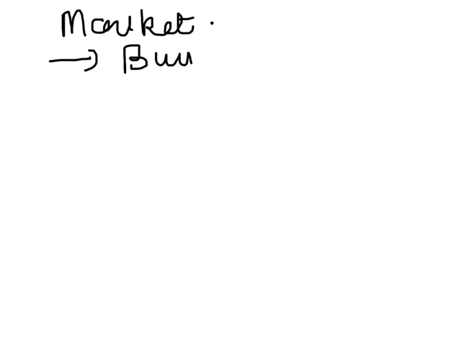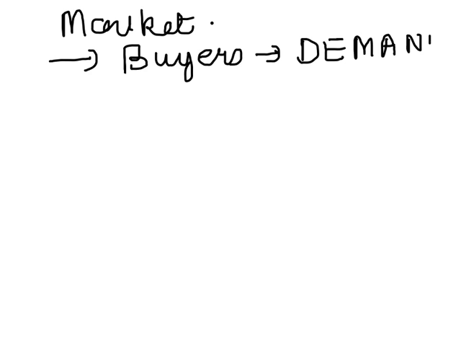A quick recap of where we are. We are trying to understand the market, and as a first step, we decided to look at the behavior of buyers, and we defined what is demand. And generally speaking, when we talk about demand, what we are looking at are serious consumers.